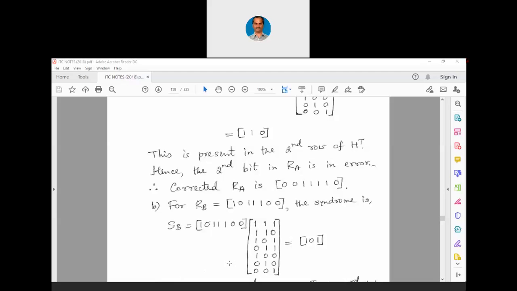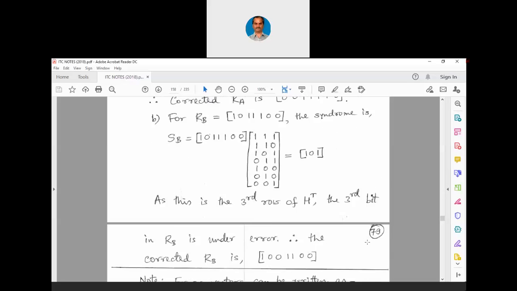Now, if the syndrome is the same in two rows, there is erroneous behavior. That is why the final conclusion is the choice of the parity matrix is also important. It is not just a random arrangement of bits there. Just to stress on that point, I had to discuss these things in detail. Let me proceed now.